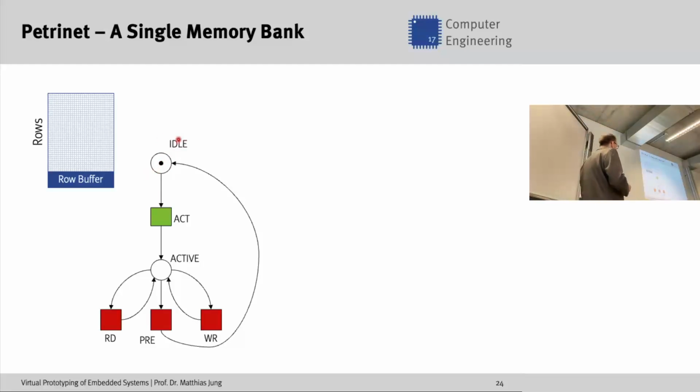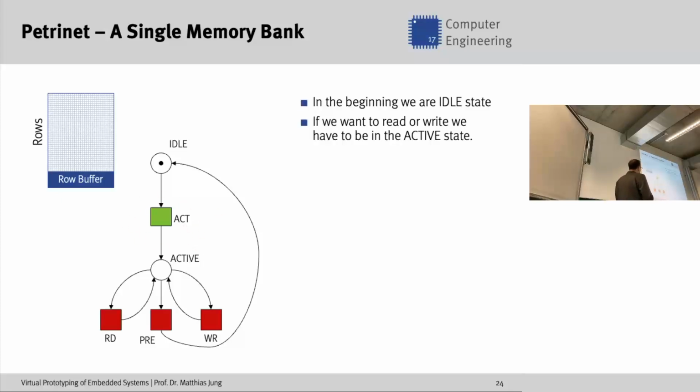So if we send now an activate command, we want to activate a row. So would that even work? Yes, because there is a token on the input. And we could now send an activate command. So let's do that. Yeah, so we execute the activate command, then the data is copied to the row buffer, and then we are in the active state.